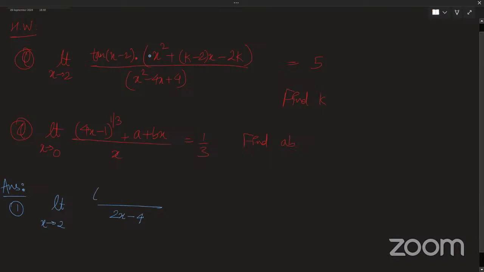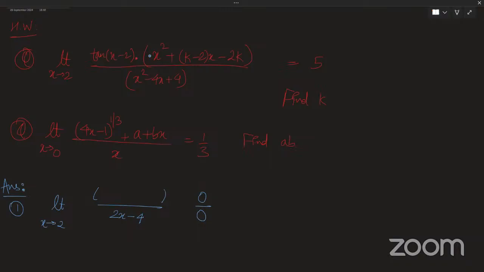So whatever I get after differentiating one time will again be of 0 by 0 form. You can see the denominator is again 0. Do you agree? So basically, you will need to differentiate it two times.